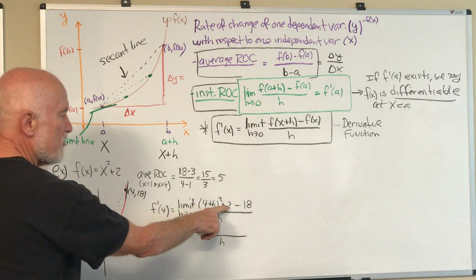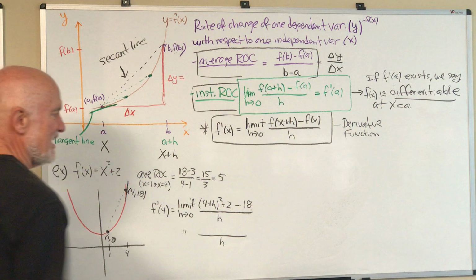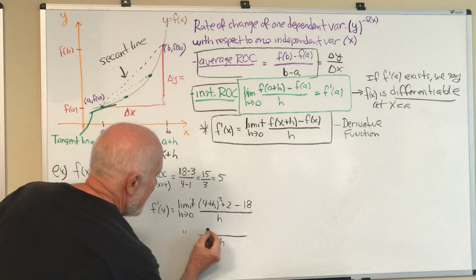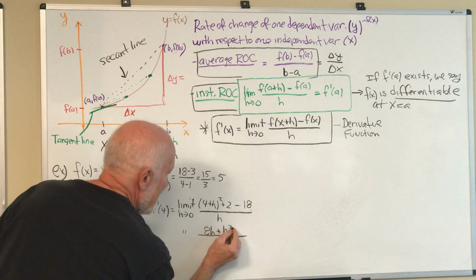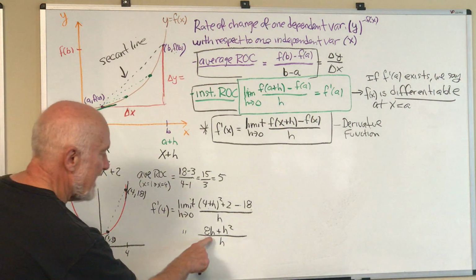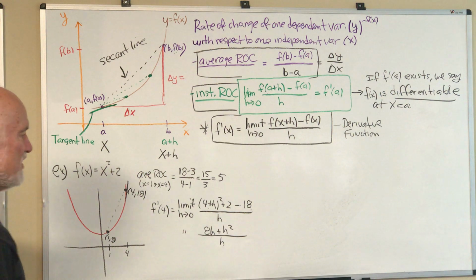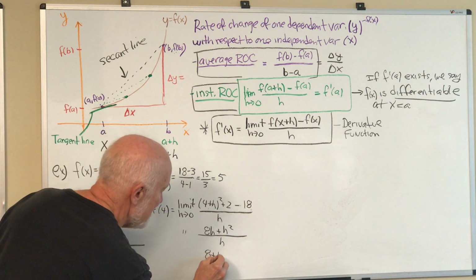So what do you get? 16 plus 2 is 18, and then you have minus 18. So the numbers are going to go away. When you square this out, you get 8h plus h squared. We're almost there. I can divide an h into each one of these terms, and I get 8 plus h.